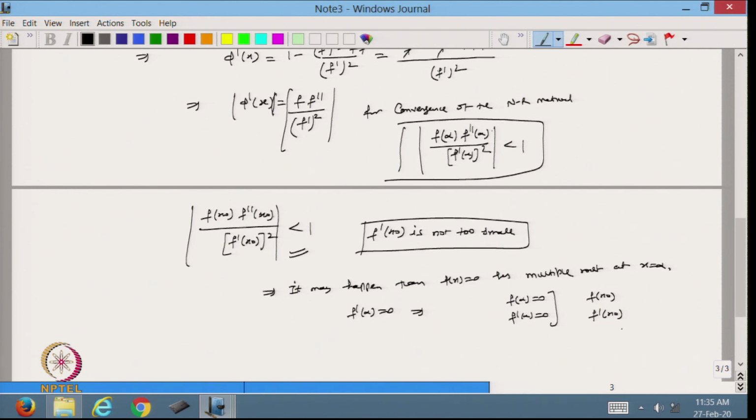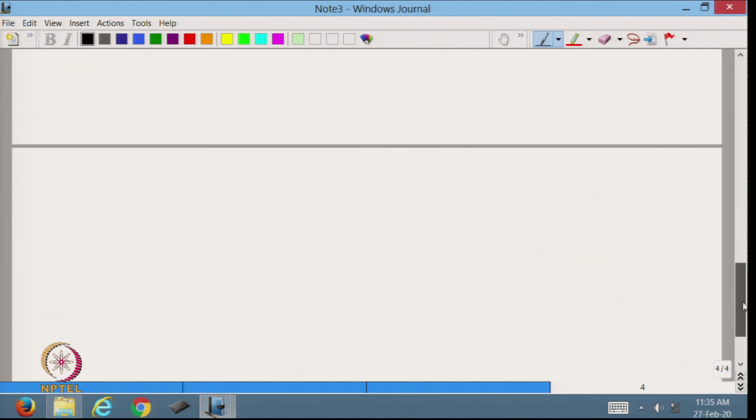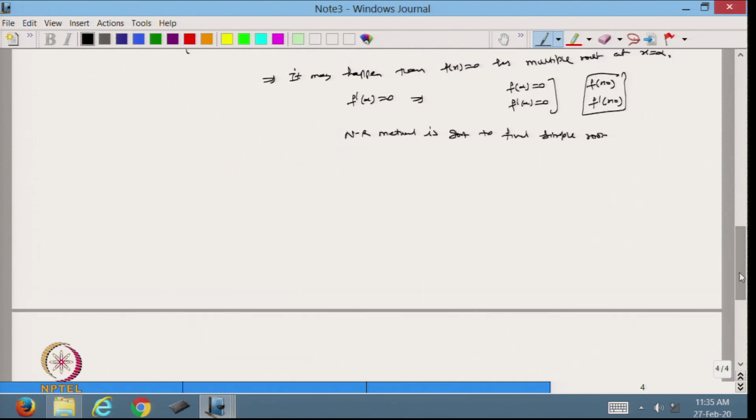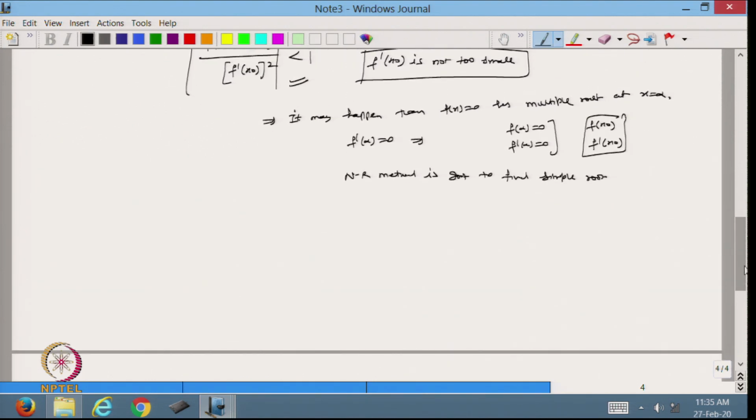So, this method is not good to find the roots of the multiple type. The Newton-Raphson method is good to find simple roots. For the multiple root we have to make some change in the Newton-Raphson method.